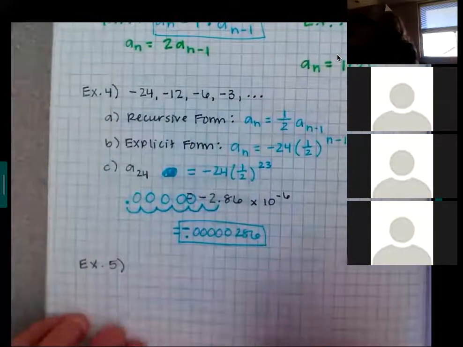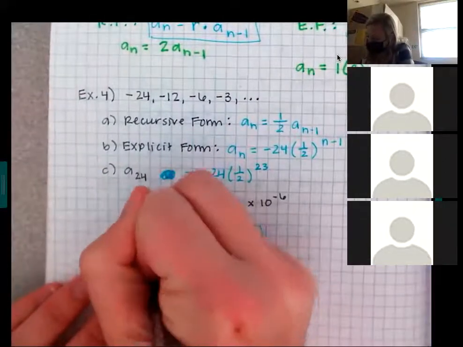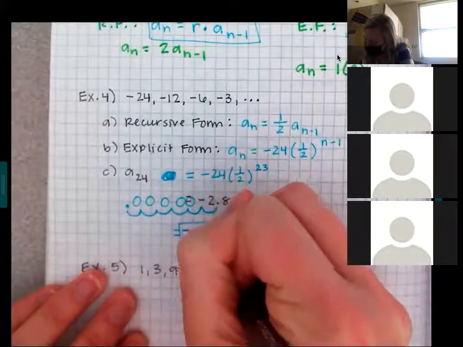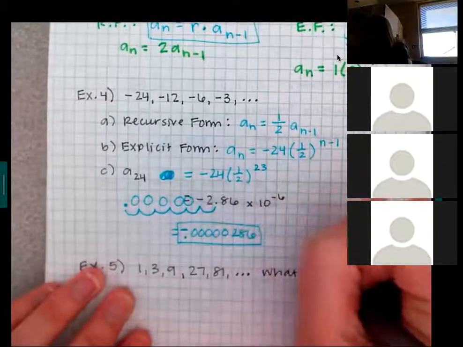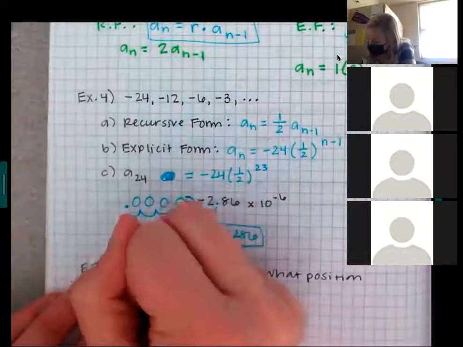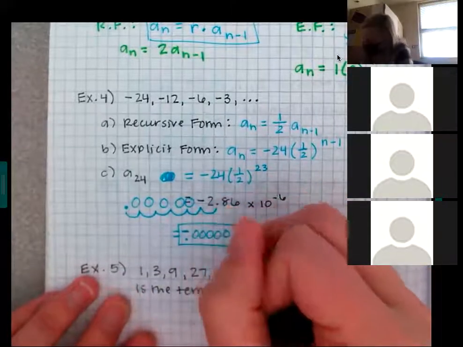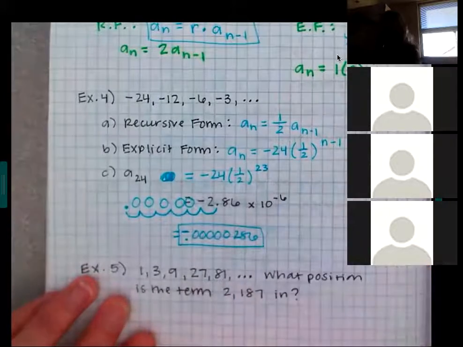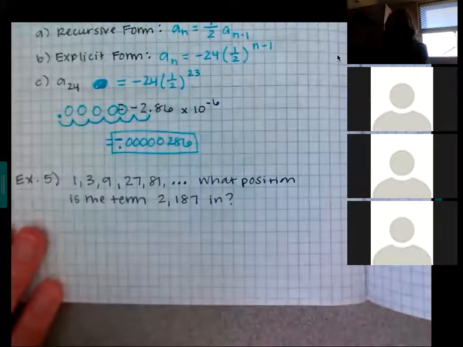So I want you to find out from this sequence, 1, 3, 9, 27, 81, what position is the term 2,187 in? And we will be done.